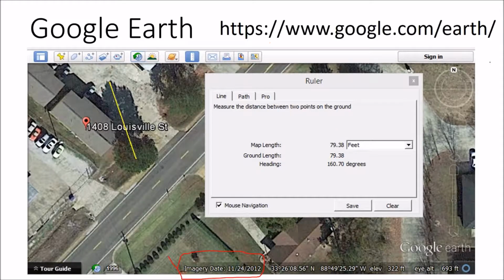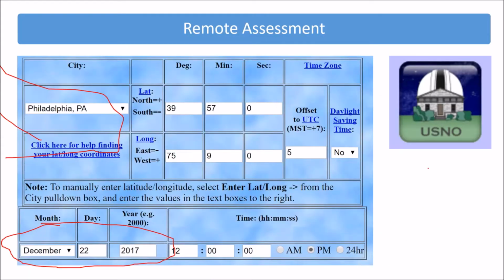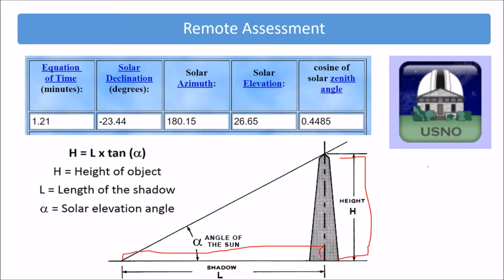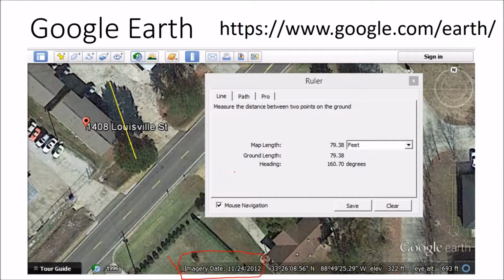And so now we know that the sun at the time this photo was taken is 33 degrees up in the sky. And so we can just use trigonometry, now that we know the angle of elevation of the sun and the length of the shadow, to calculate the height of that tree. And you might say, well, is that accurate enough? And the answer is it doesn't need to be accurate because trees grow over time.